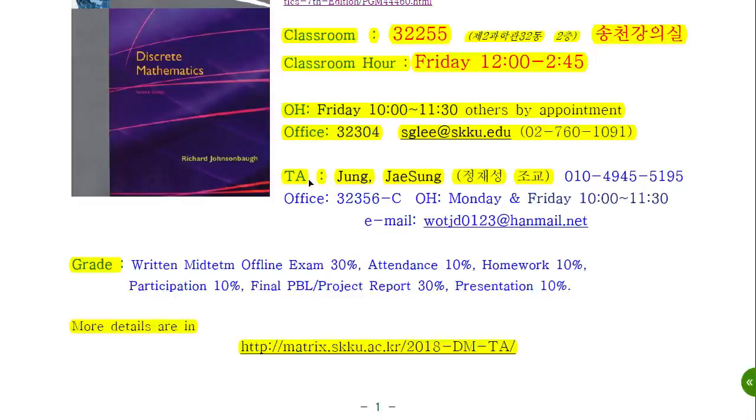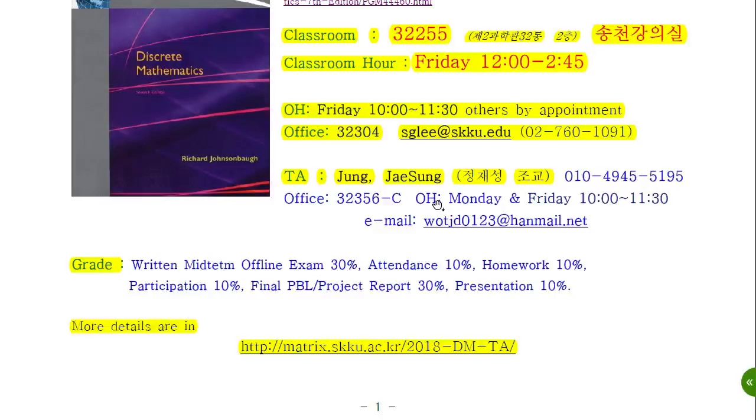I have a teaching assistant for this discrete math class, Mr. Jung Jae-sung. Here are his phone number and email address. His office is in this building, third floor, 56-C, just next to here, in front of my office.